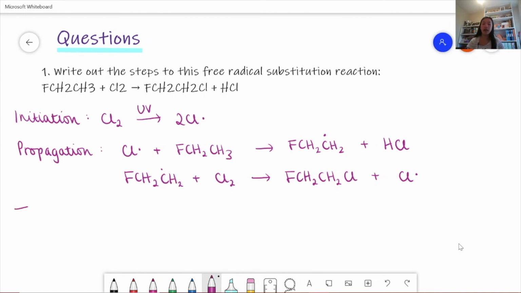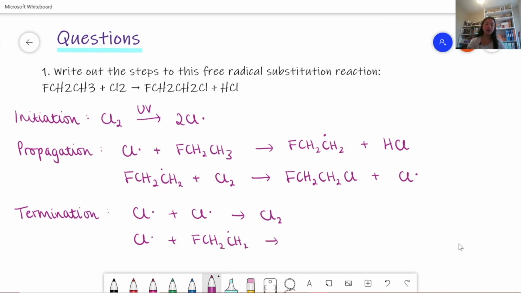And then the third step which happens is termination, so basically it's the end step. And what happens during termination is that free radicals react together and remove themselves from the reaction mixture. And so we can do this in three ways. First way is two of these chlorine free radicals reacting to form chlorine, or we could have a chlorine and a FCH2CH2 free radical, and this would form some more of this FCH2CH2Cl.